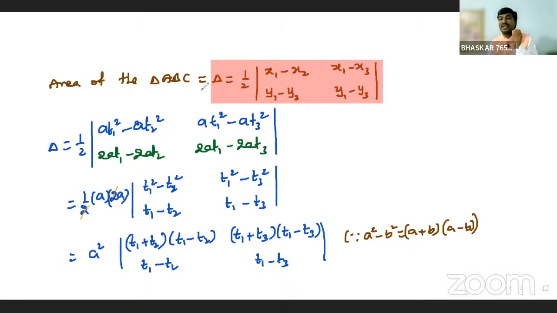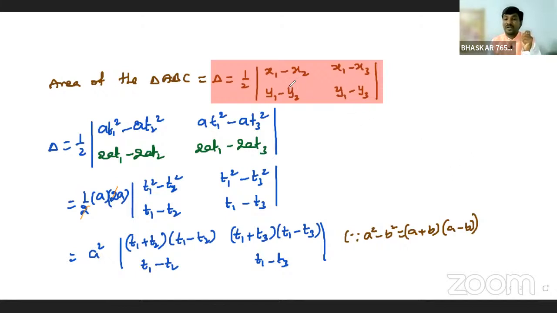Area of the triangle ABC, delta is equal to 1 by 2 mod of the determinant of x1 minus x2, x1 minus x3, y1 minus y2, y1 minus y3. Repeat the formula once again.